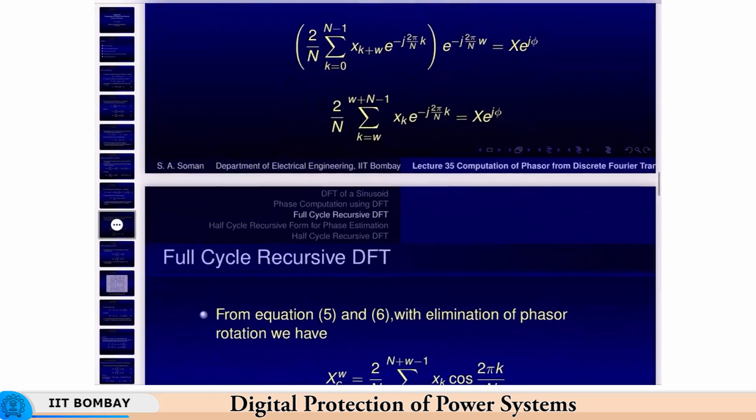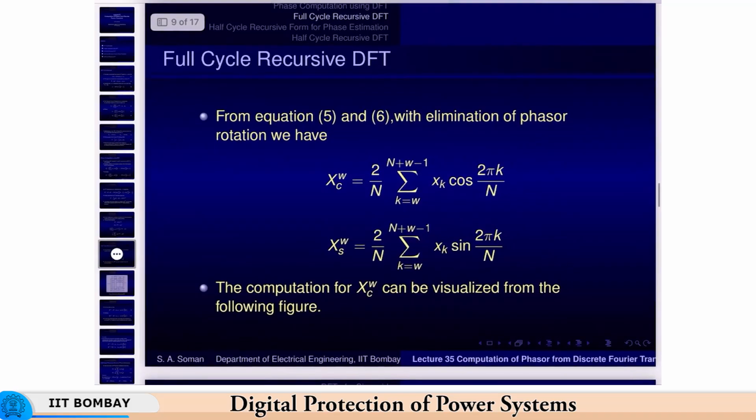Now, yes. So, after elimination of phasor rotation we will have the same thing. So, x c W is 2 by n, sum of x k cos of 2 pi by n k. Notice here that the k plus W, or the cos of 2 pi by n W, has vanished because of the change of index. Okay.